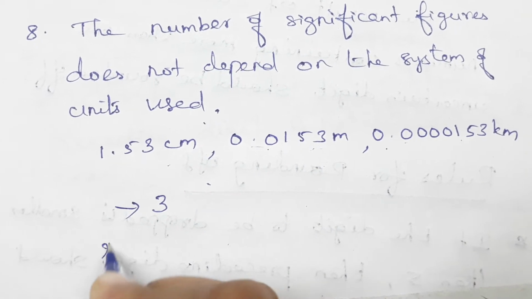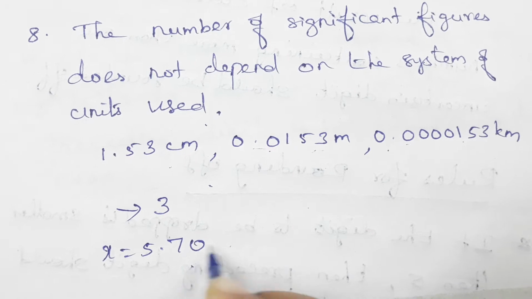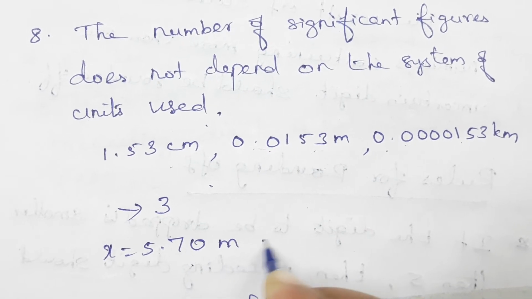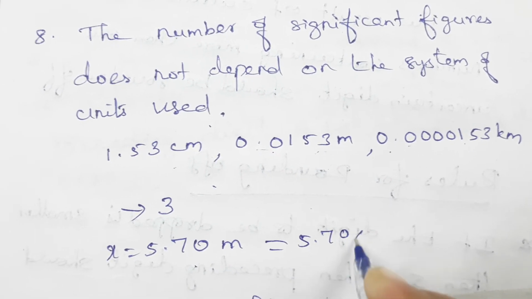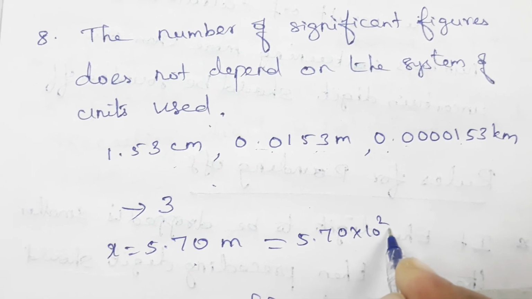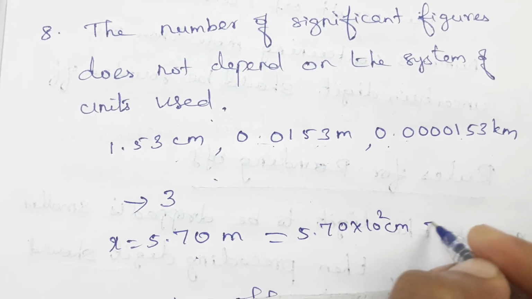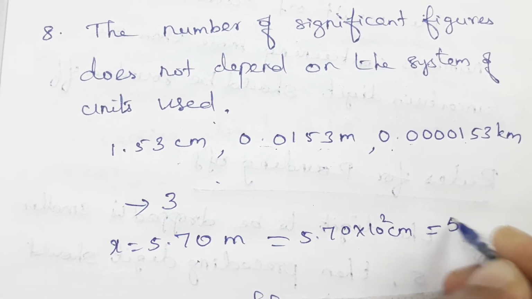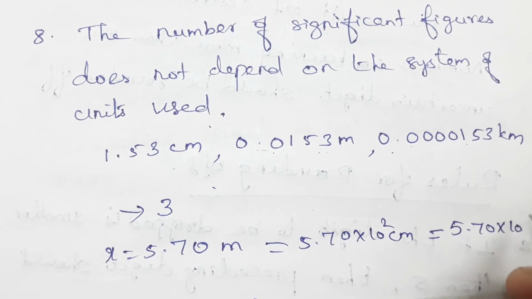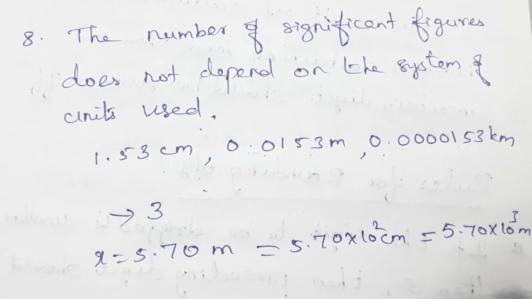For example, x is equal to 5.70 meter can be written as 5.70 into 10 power 2 centimeter, or else can be written as 5.70 into 10 power 3 millimeters.